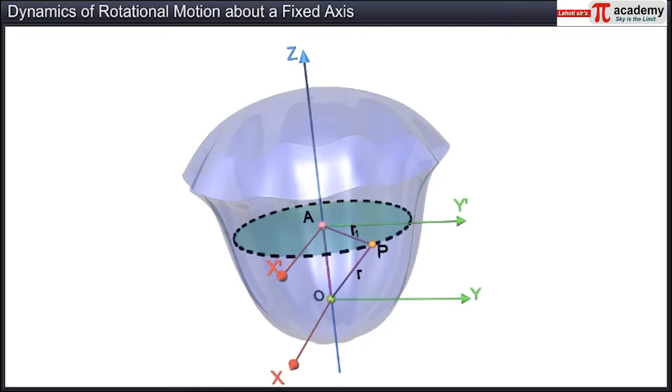We can see that the position vector OP is equal to the sum of OA and AP. Thus, OP is equal to OA plus AP. In fact, we see that AP is the component of OP in the x-y' plane.